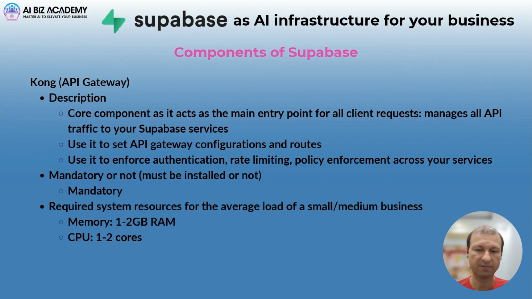You can have rate limiting and policy enforcement across your services. As this is the main orchestrator for the Supabase services, it is mandatory, so you must install it and run it. As for resources, you need 1 or 2 gigabytes of RAM and 1 or 2 CPU cores.